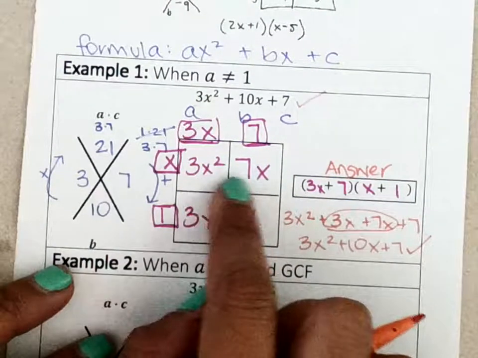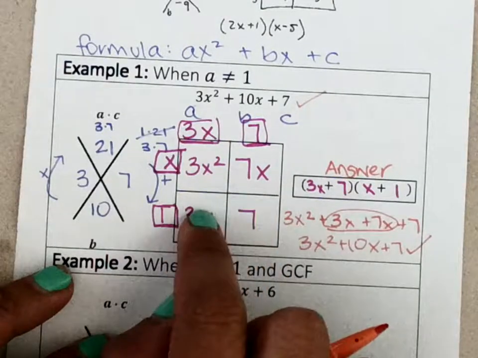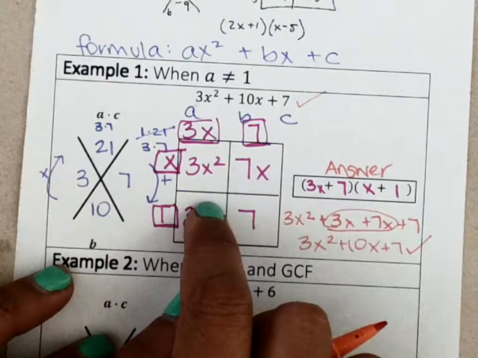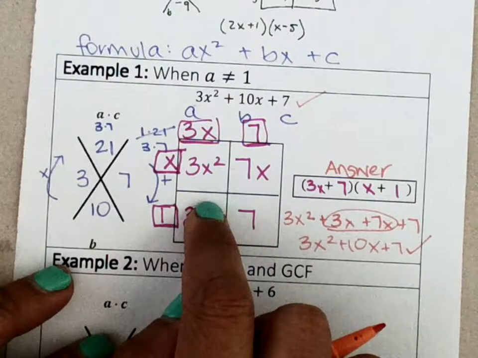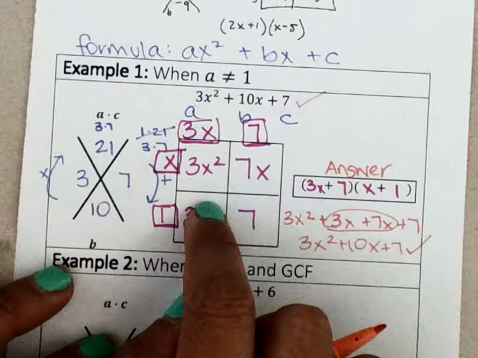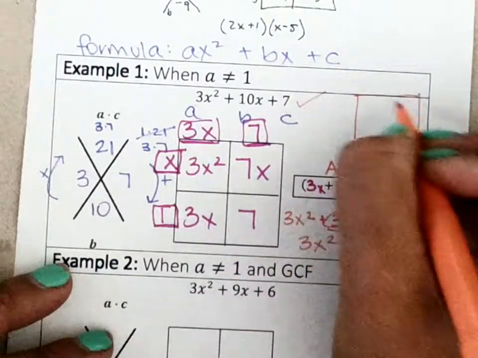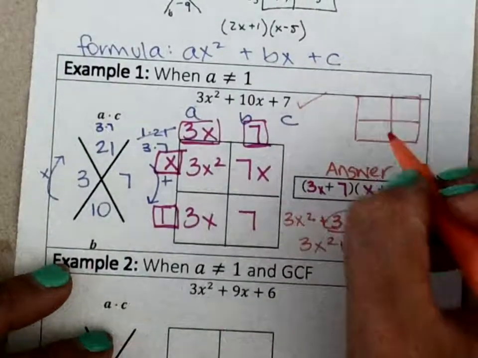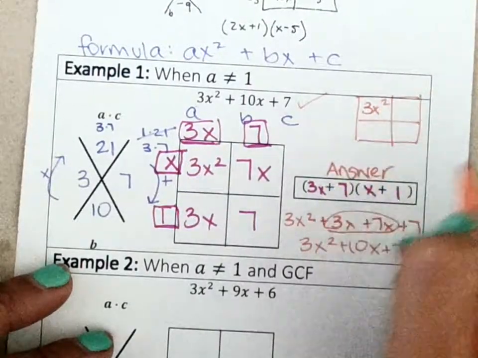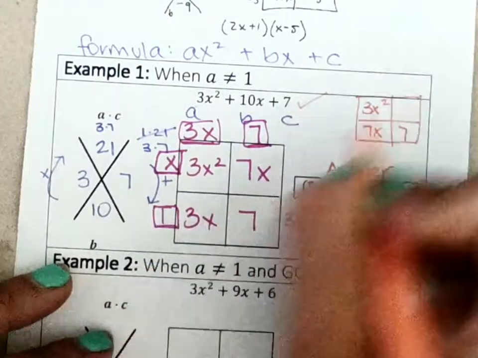Know that it does not matter if you had put 7x and 3x in the opposite boxes. If you switched these two, you would have still gotten the exact same answer. You just would have factored things out differently. What I mean by that is if instead you had put 3x squared and 7, and let's say we switch 7x and 3x.